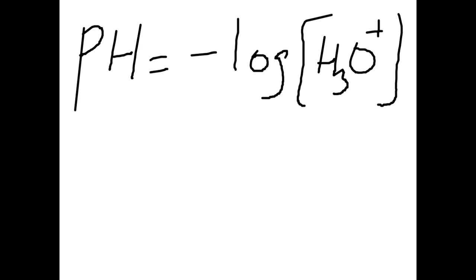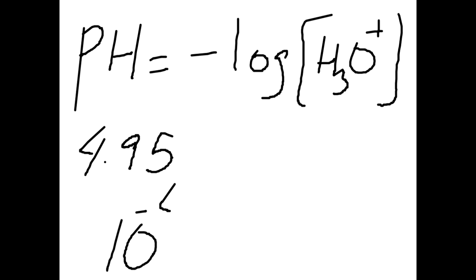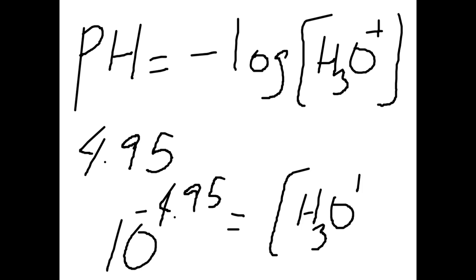And the pH was 4.95, correct? So the H3O plus concentration will be 10 to the negative 4.95. Solve and tell me what it is. Michael, what did you get?